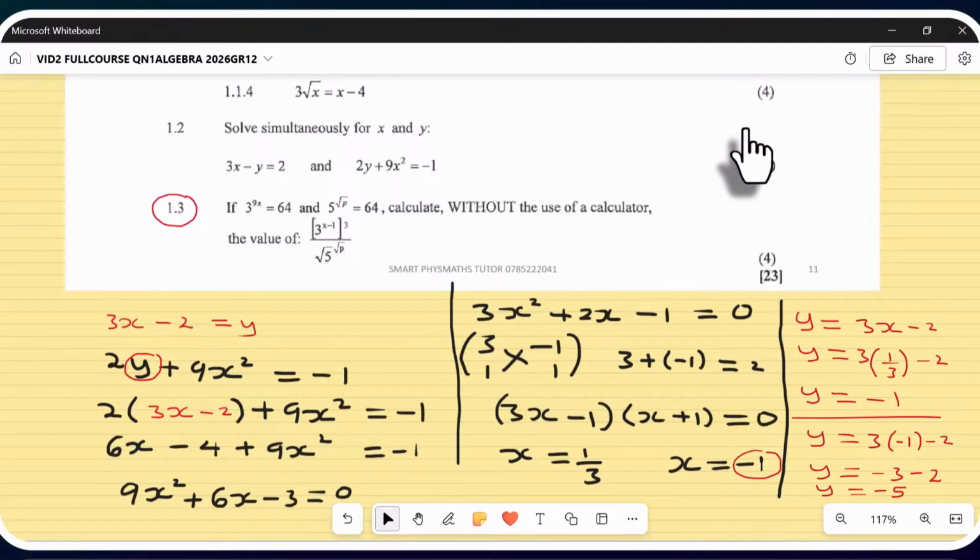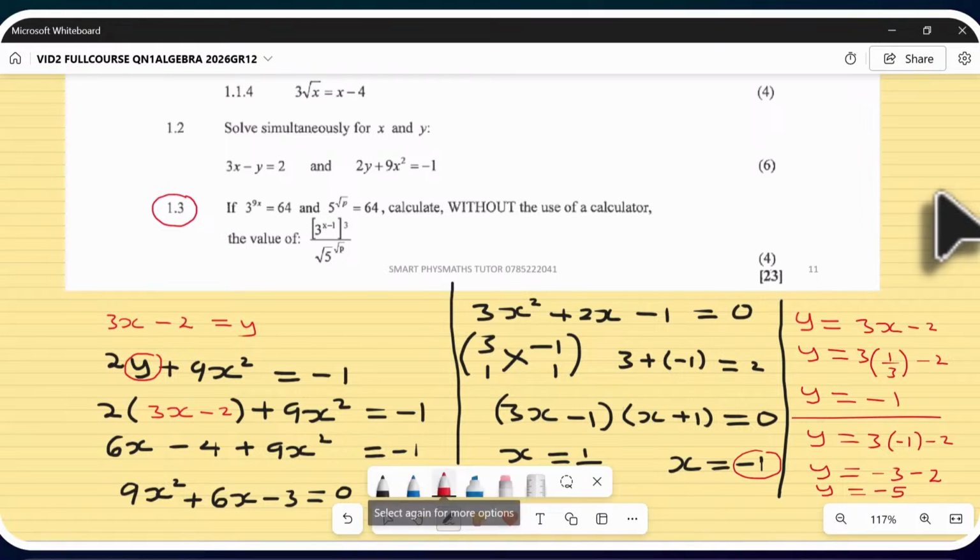Now 64 is the same as saying 4 to the power 3. Because I have the same exponents, this application shows that if I have the 3 power 3x, I must put it.